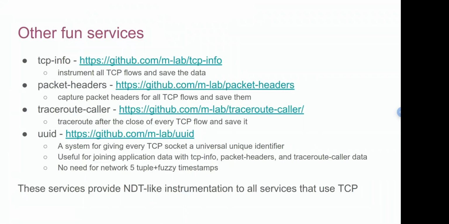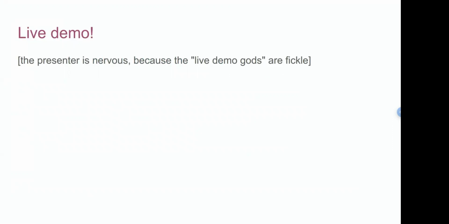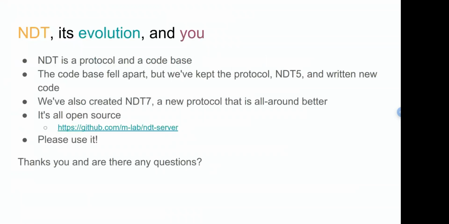And so that is what I wanted to tell you today. NDT is a protocol and a code base. The code base kind of fell apart, but we've kept the protocol NDT5 and written new code. We've also created NDT7, a new protocol that's all around better. It's all open source. Please use it.